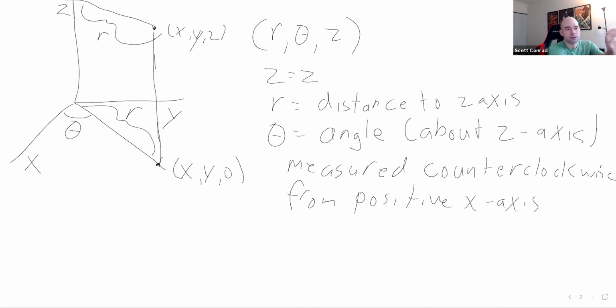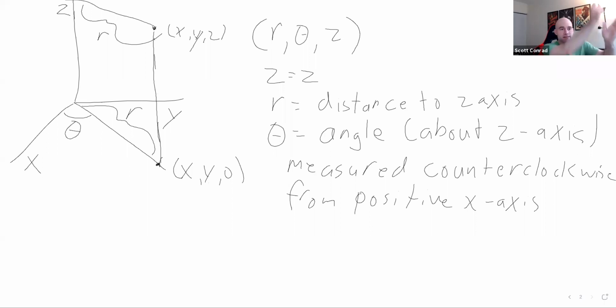And then as you're increasing your angle, you're going around the positive z-axis. You're just taking this point and rotating it about the positive z-axis counterclockwise, until you get back around to 2 pi, and then you're back on the positive x-axis.